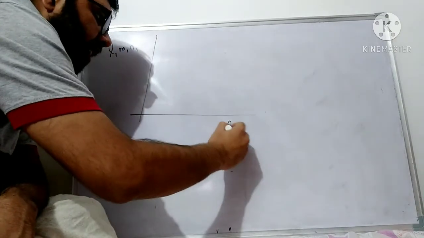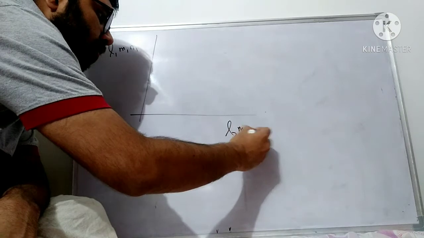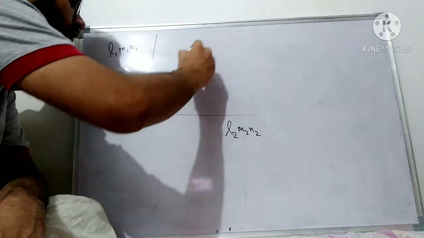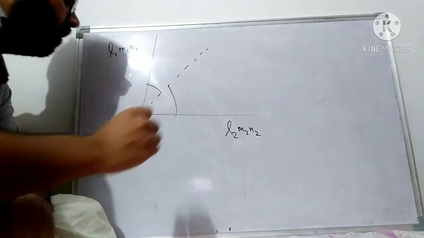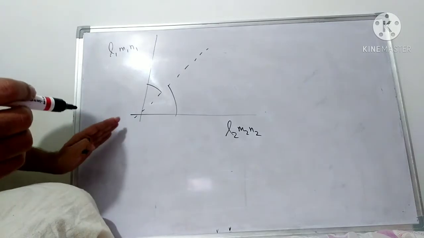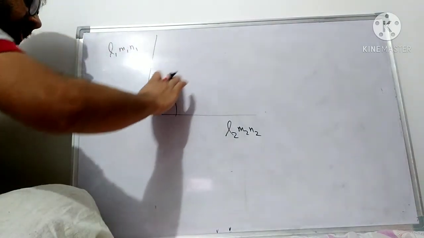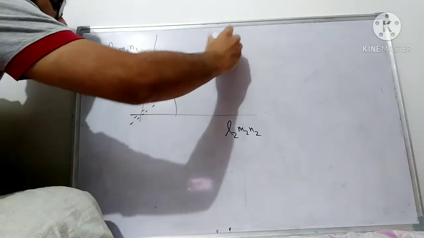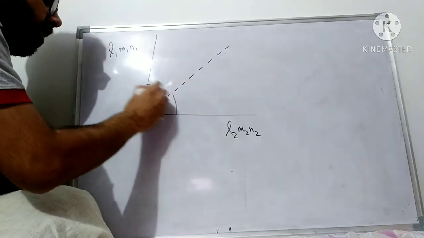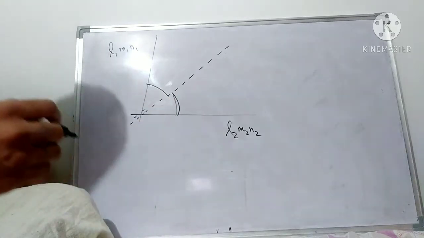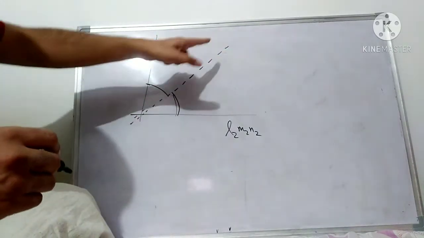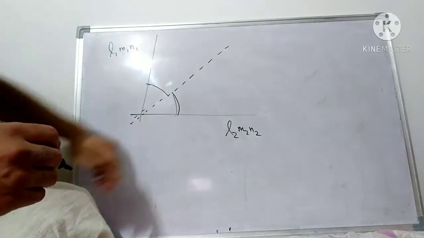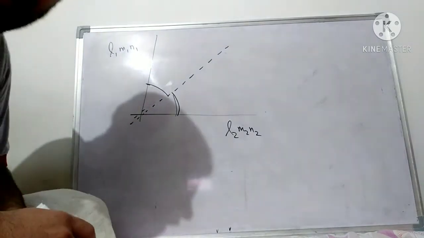I have another line whose direction cosines are L2, M2, N2. Now I want to find the direction cosines of the line which is the internal angle bisector between them, this dotted line. So how do I write that?